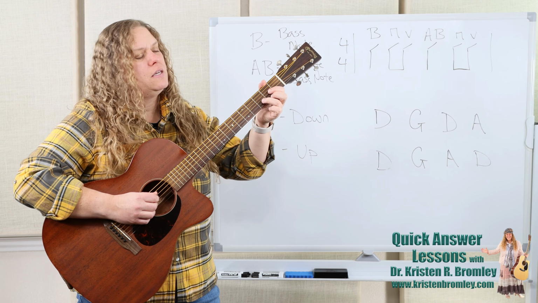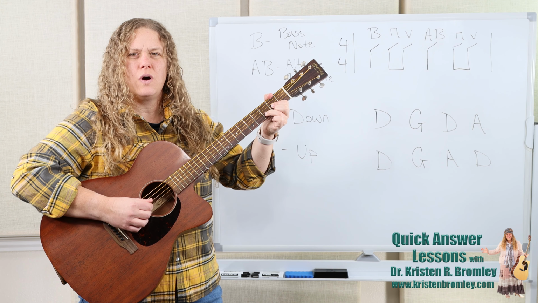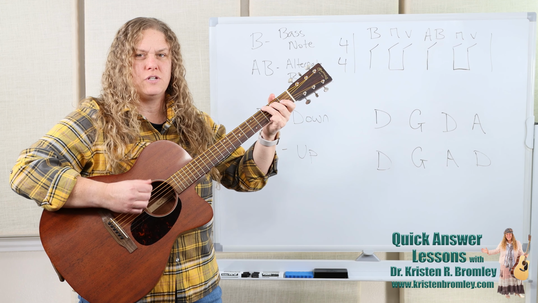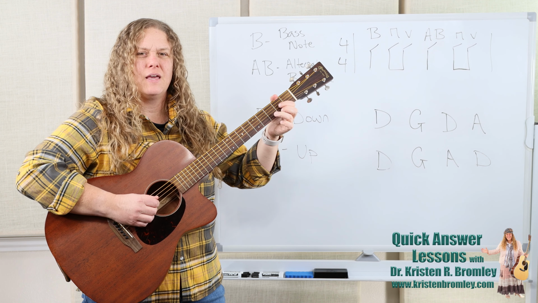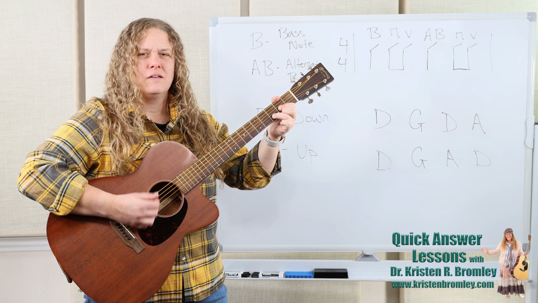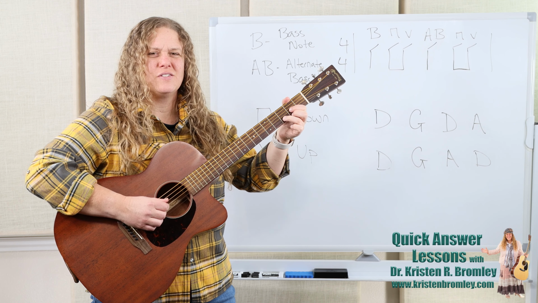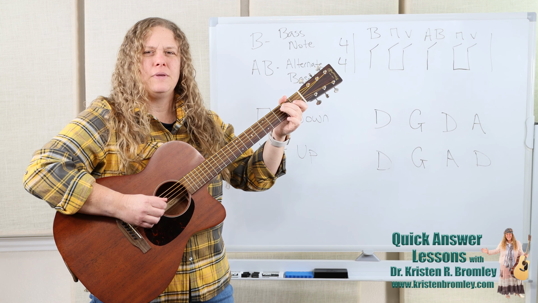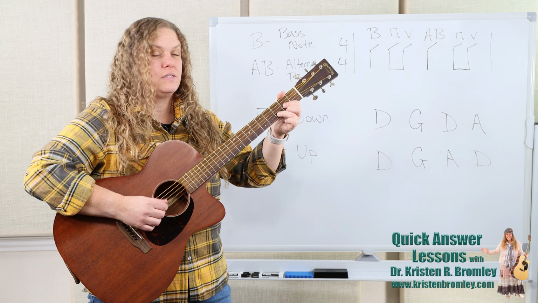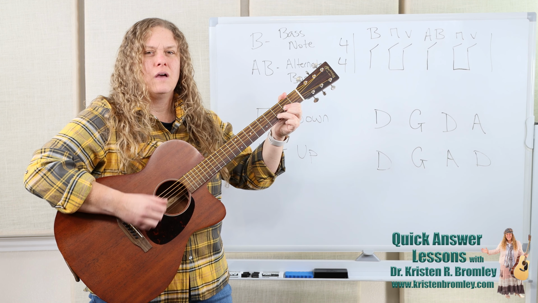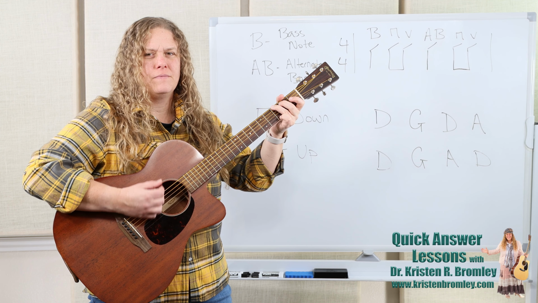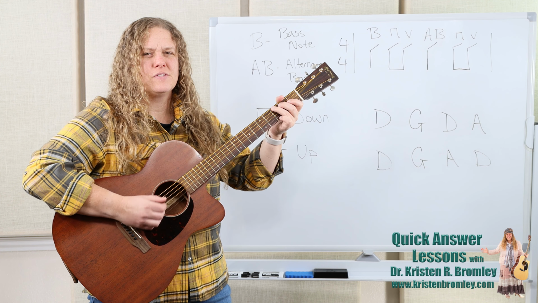So we're coming from D, then we have those 2 options. I can go B, A, G. Again, I got D, B, A, G. Or I could do the other one, D, open E, F sharp, G. Both work.